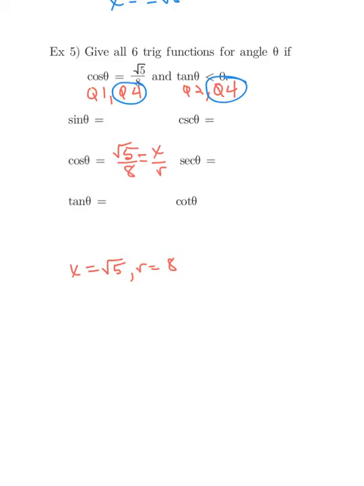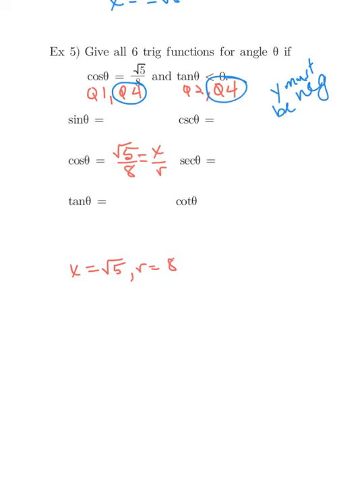If we are in quadrant 4, then x is positive and y is negative. So that's our takeaway from this. That was the whole point of giving us this tangent less than 0, was to help us figure out that y must be negative.